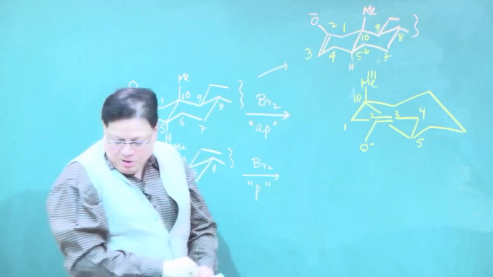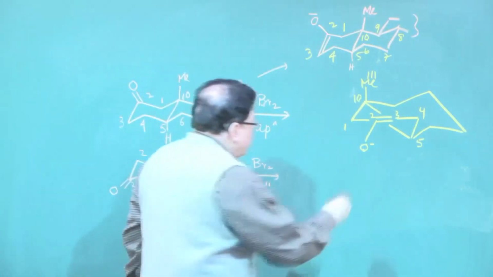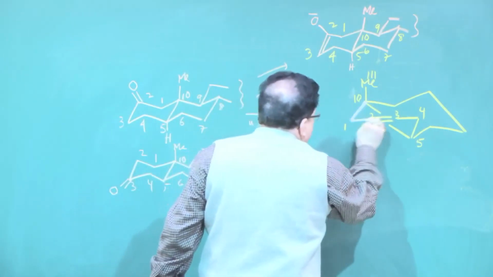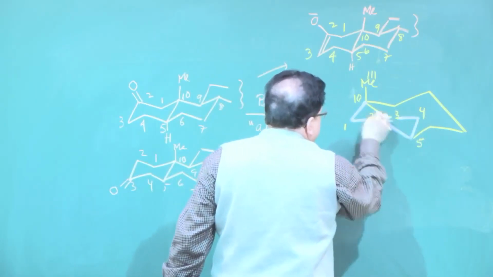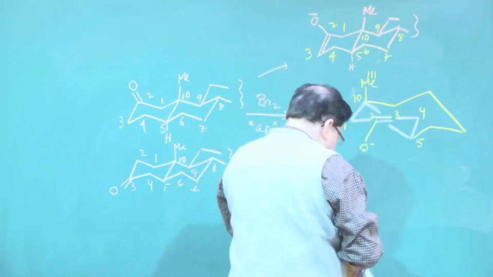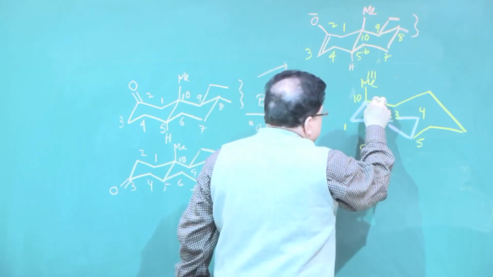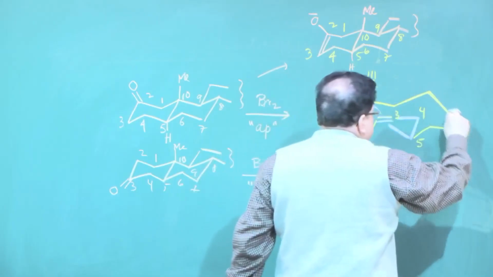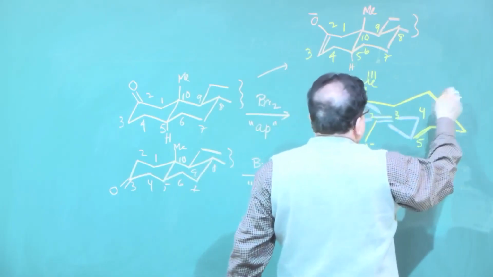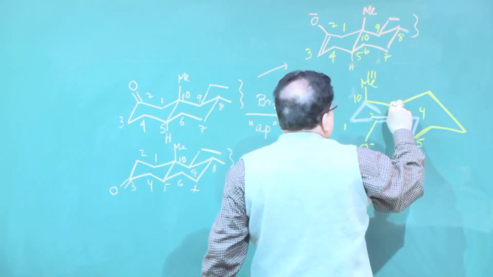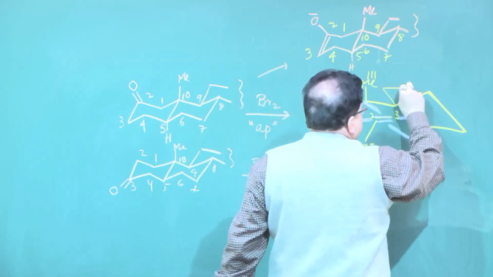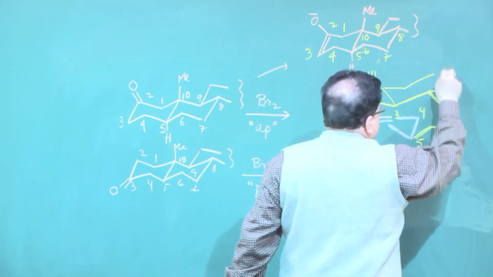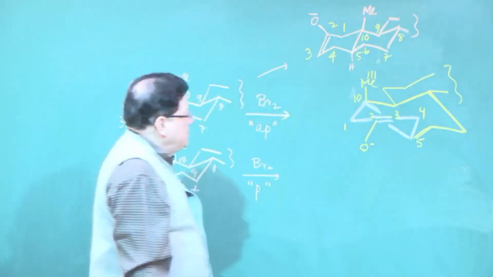If I can use another chalk, another color, then this is the front side, this is the A ring and that is the B ring. This is your B ring and then the C ring comes from this side. So, this way it goes.